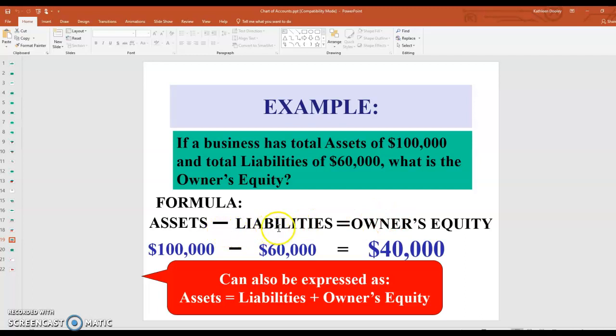I can add liabilities to each side of the equal sign, just like any math equation, and get this that's in the red box. And that's typically how we say it. It's correct any way we put it, but typically we're going to say A equals L plus E, meaning assets equals liabilities plus equity.